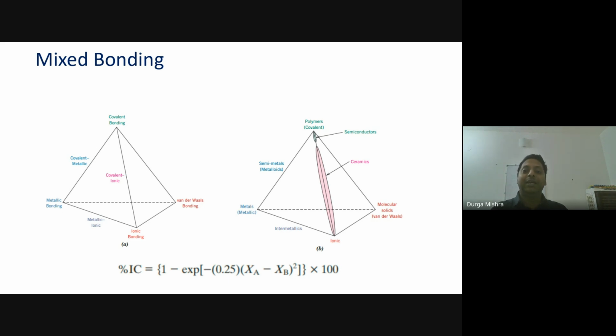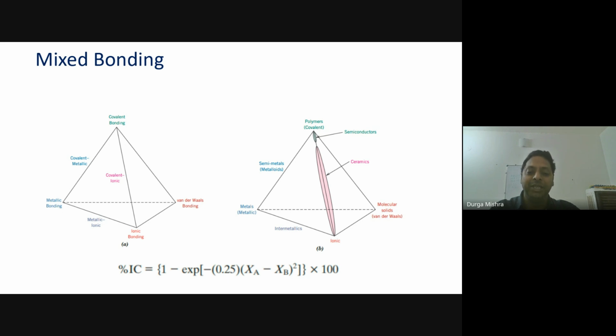Similarly, if I take an ionic and a pure covalent bond, most of the ceramics will be somewhere in between. They are not perfectly covalent and not perfectly ionic, so some percentage ionic will be there. This percentage of ionic character you can calculate using the expression given here.